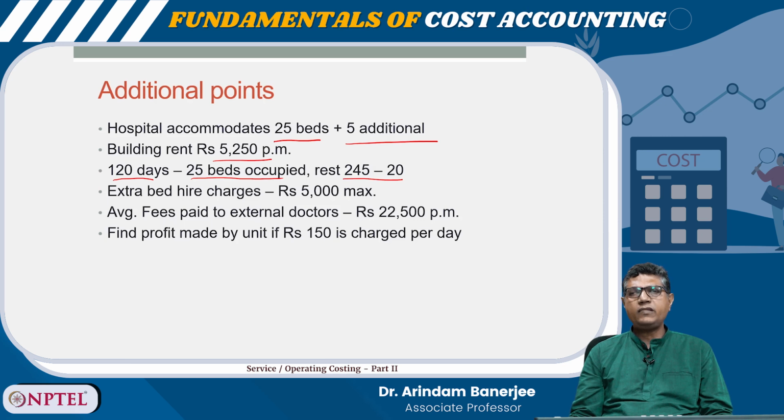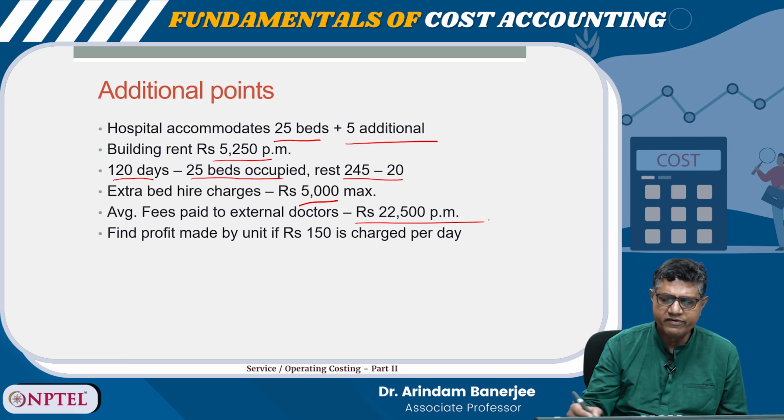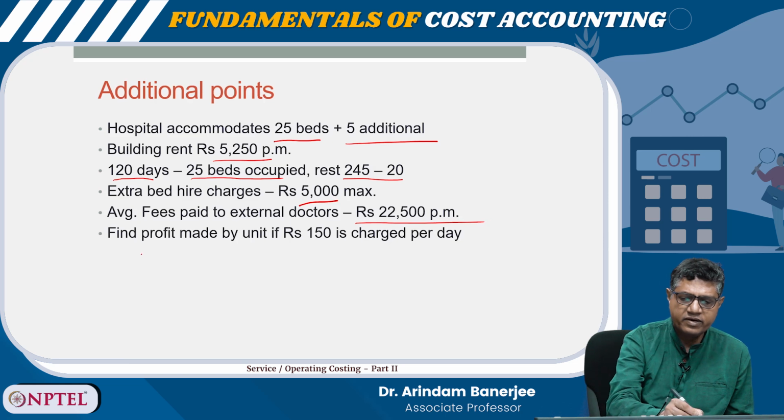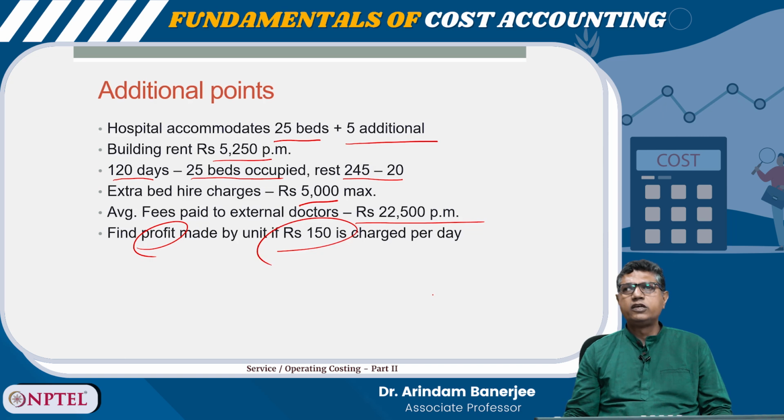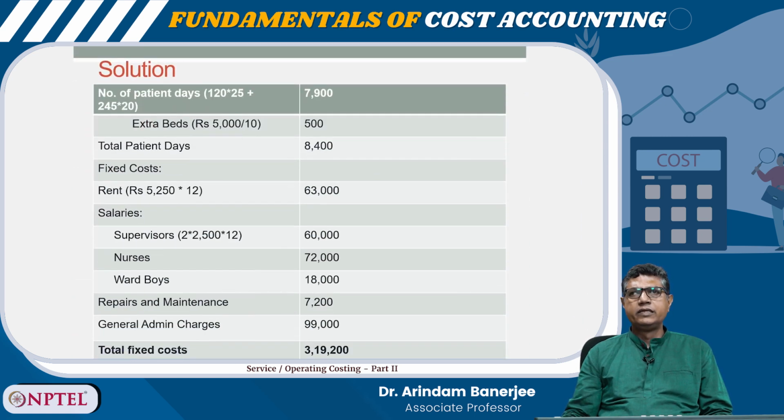So, in a year for 120 days, 25 beds are fully occupied. On other days, usually 20 beds remain occupied. The extra bed hire charge is rupees 5,000. Average fee paid to the external doctor rupees 22,500 per month. Calculate the profit by unit if 150 is charged per day. So, solution is here.